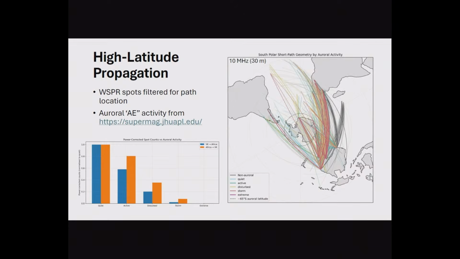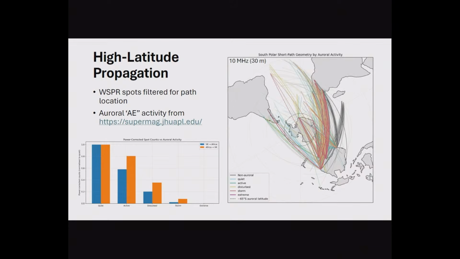And the sort of the quick summary is that I was a bit surprised, but basically there's a bit of an asymmetry in the signal to noise along this path when there's auroral activity. And I'll show you.